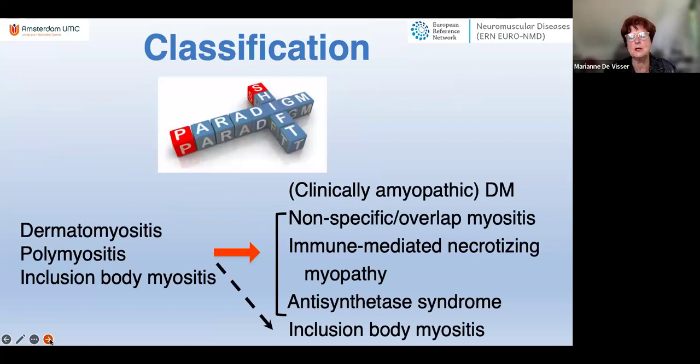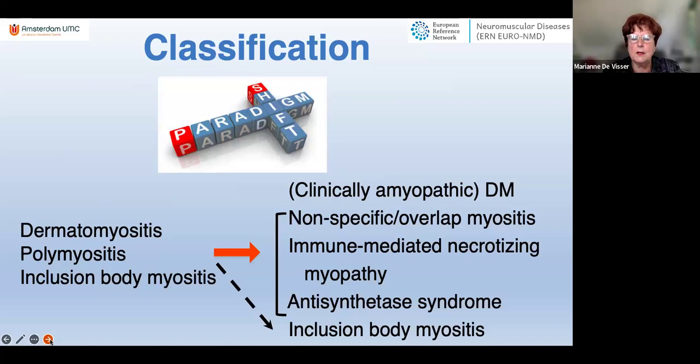I would like to start with a short introduction on classification. About 20 years ago, there was a distinction between 3 diseases: dermatomyositis, polymyositis, and inclusion body myositis. But gradually, it became clear that polymyositis was not a well-defined clinical entity, and instead other disease entities were identified, like overlap myositis.